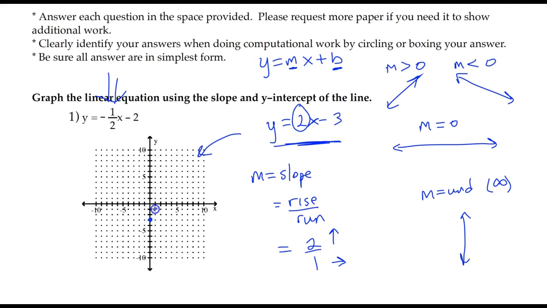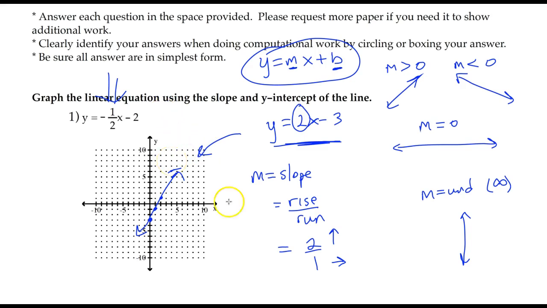Then I pick another point, and I can do the same thing again by going up another 2 units, 1, 2, and then to the right 1 again. After that, I can just draw the line that goes through those points. That's how we can use the information from the equation of a line to draw a line without having to do a whole lot of work.